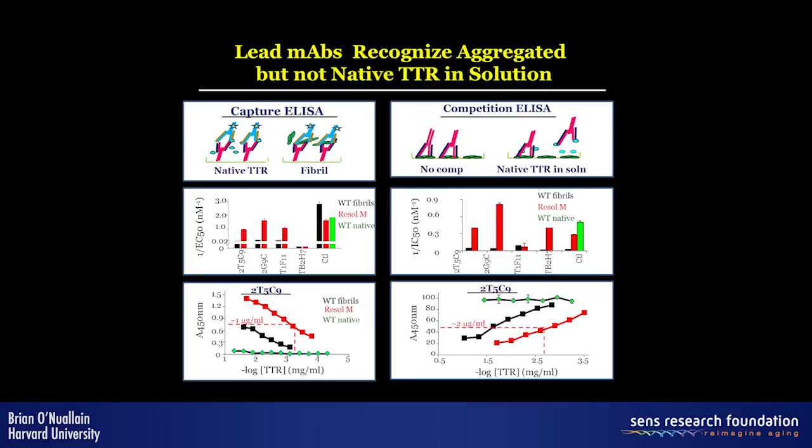Here we had more evidence again that our antibodies were very specific for aggregated TTR, didn't react with the native protein, which was in stark contrast to this commercial anti-TTR antibody. Again, a representative binding curve for one of these antibodies, demonstrating that even at very high concentrations of native TTR, it had no effect on the antibody binding to TTR aggregates on the plate.